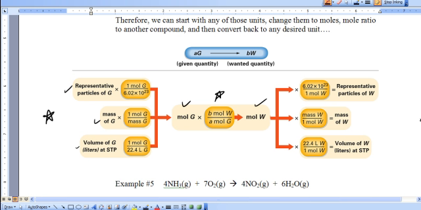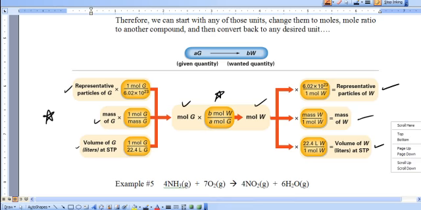And whenever you're into your moles of your new compound, you can change it into particles using Avogadro's number, changing it into the mass using the molar mass, or changing it into the volume using 22.4 liters per mole, the molar volume at STP. So if this particular diagram helps you out, feel free to look at that as you're doing your homework.